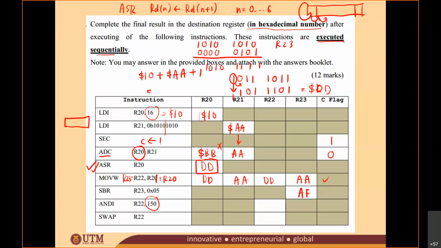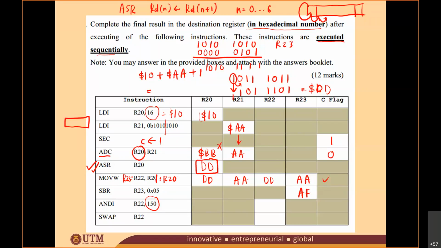Okay, you can use the division by 2 method. That is the longer method lah. Or you can simply write down the weightage of each of the bits. Okay, dapatkan dia punya weightage.